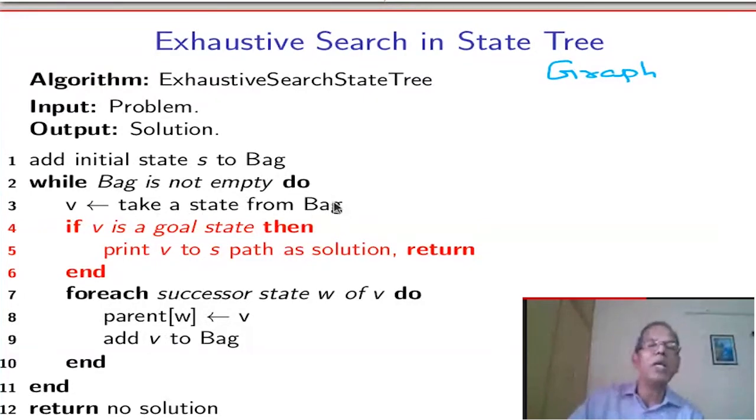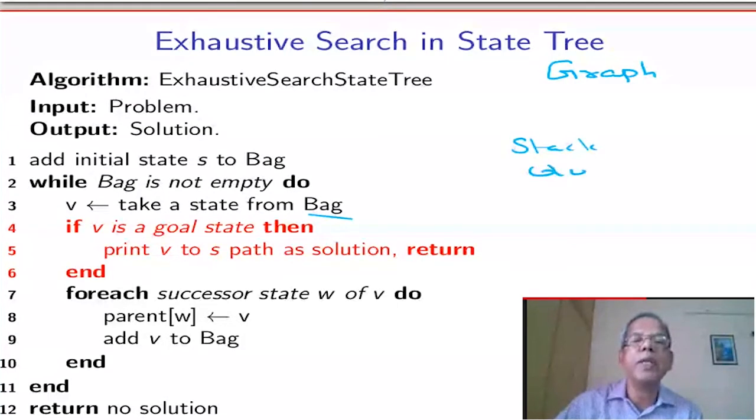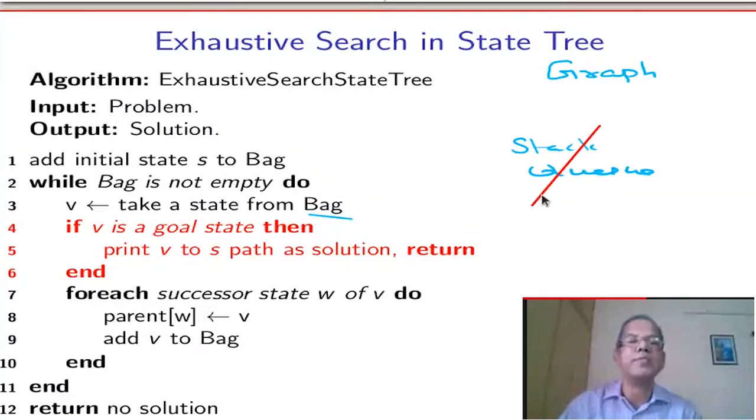Right now we are not worried about the order in which we remove a state from the bag. That is why we use the word bag. Suppose we have used stack or queue, that would be different. For now, we are not worried about that. If B is a goal state, then print the B2S path as a solution and return.